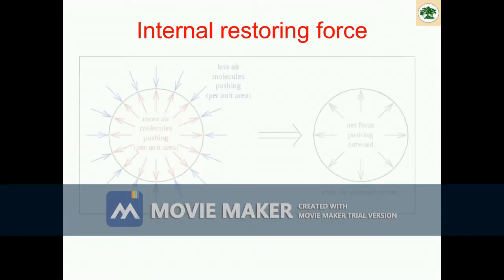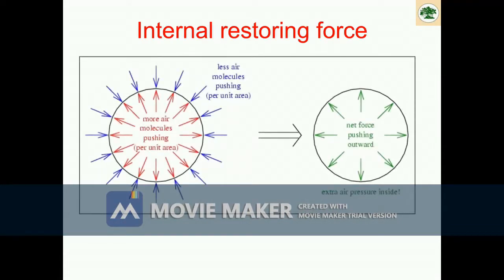Now there is another important term, internal restoring force. Now in the diagram there are two types of arrows.